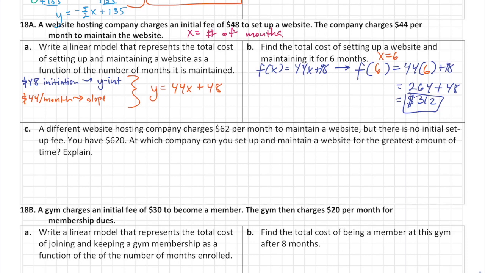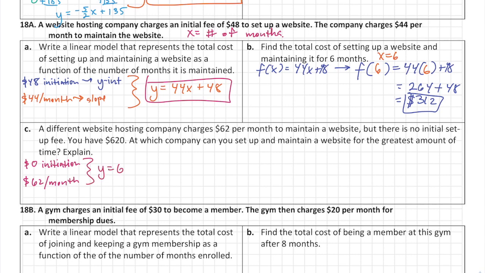Okay, now I already have an equation from part A for the first company, but let's write an equation for the second company. And in this case, the initiation fee is 0, but it does have a higher monthly at $62 per month. Now, that still corresponds to the same things.